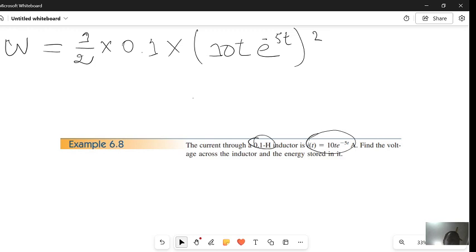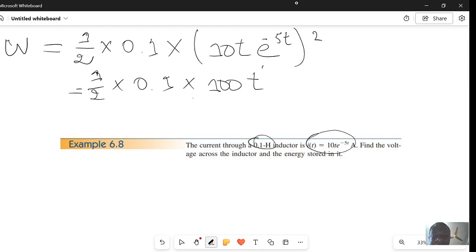So finally I will have 1/2 multiplied by 0.1 multiplied by 100 t squared exponential minus 10t. That is my energy in joules.